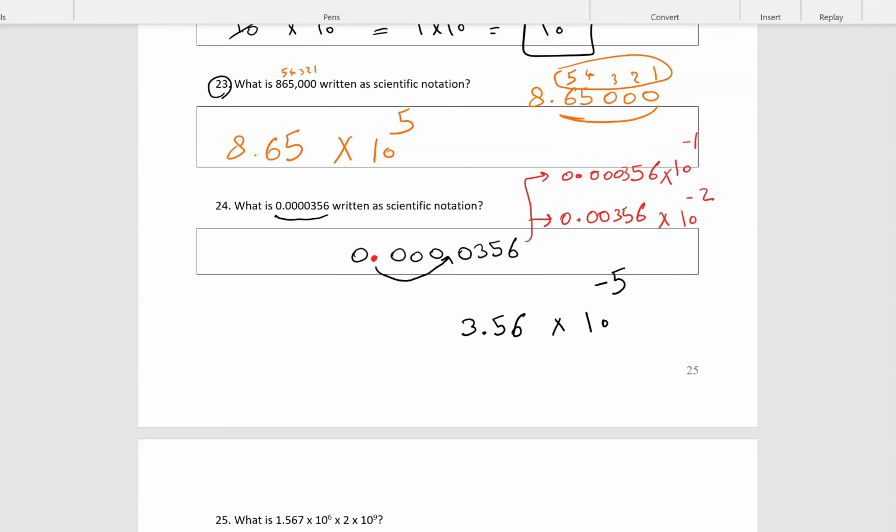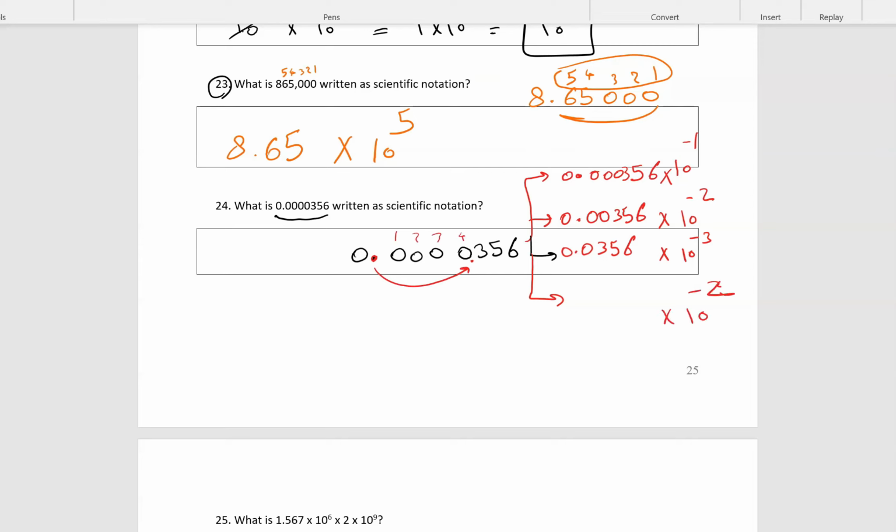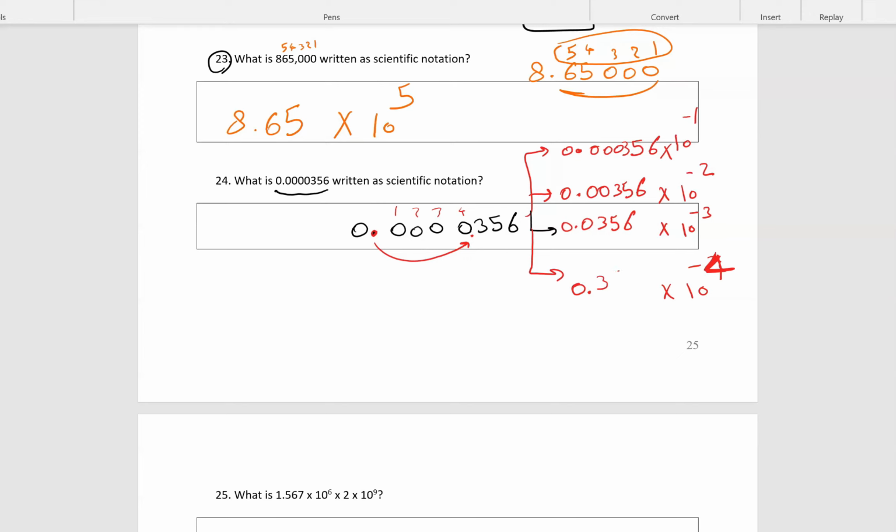to here, it means 10 to the power of -3, and then I will write the rest, 0.00356. And if I want to move my dot to here, 1, 2, 3, 4, so 10 to the power of -4, then we put 0.356.